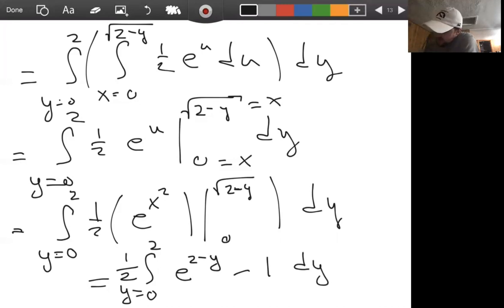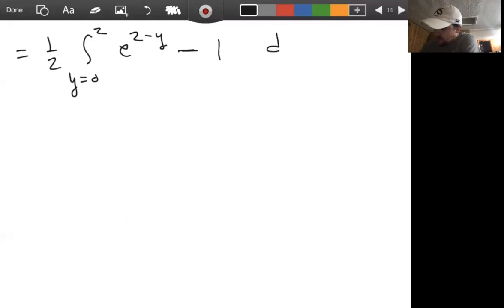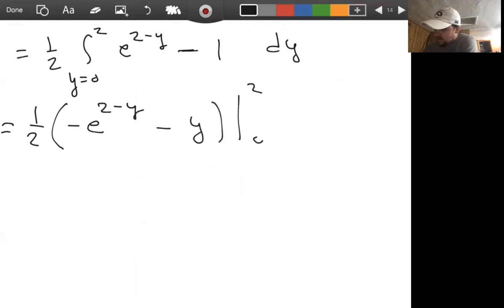And let's just go ahead and finish this out. So we get 1/2 integral y equals 0 to 2, e to the 2 minus y minus 1 dy. And now this is just single variable integration. Well, I get 1/2 times the integral of e to the 2 minus y, which is negative e to the 2 minus y minus y from 2 to 0.